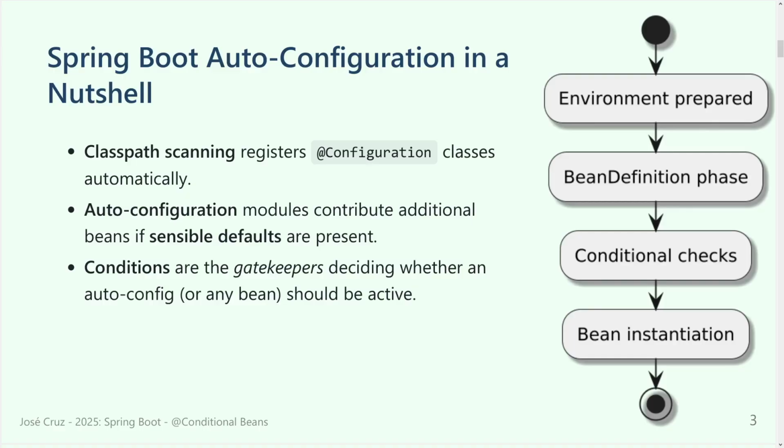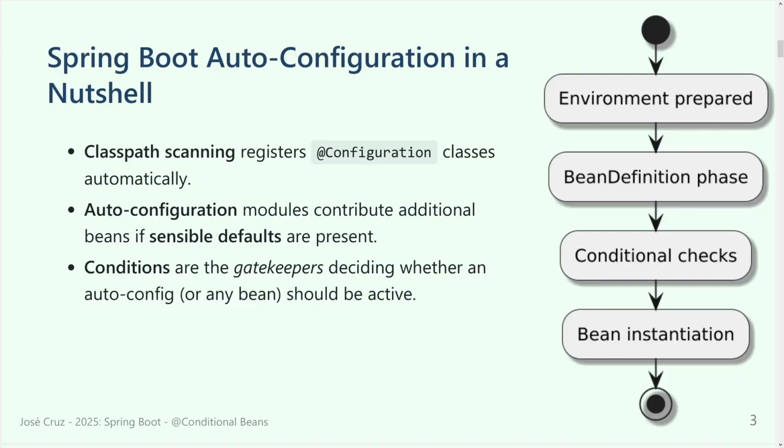So first, there is class path scanning, meaning that it goes through all the packages in your project and tries to find classes annotated with configuration or beans, of course, like components, services, REST controllers, and so on. Then it auto configures the modules, and if there are conditions, they work as a kind of gatekeeper, deciding whether an auto configured bean should be active.